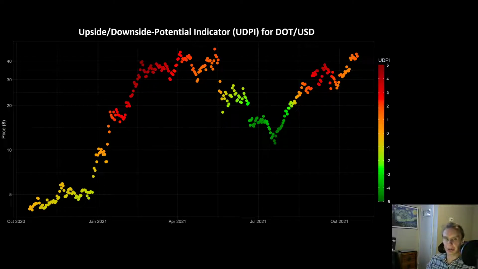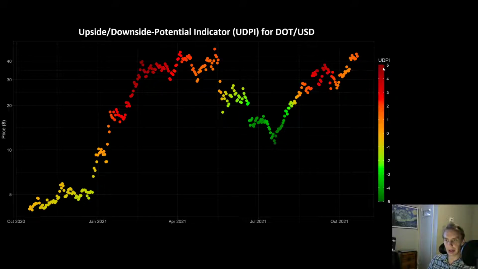But just in brief, what we're looking at on this graph is the price history of DOT across time. We have logarithmic price plotted here on the y-axis. Each dot represents a day and the price corresponding to that day. The color of the dots corresponds to the risk level, or the upside downside potential indicator's output. That's the name for our risk model.